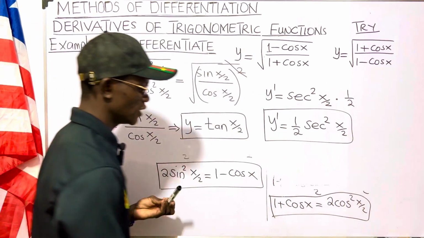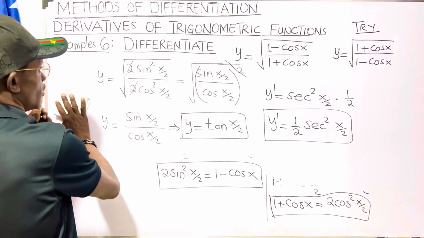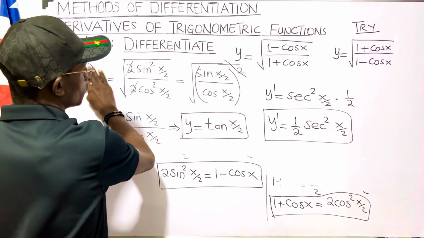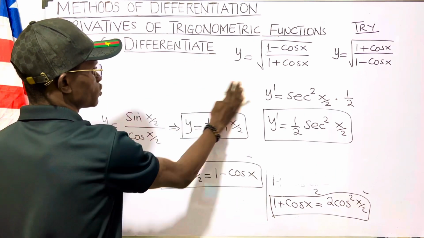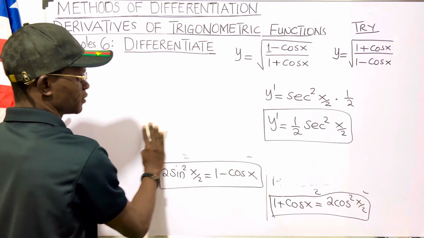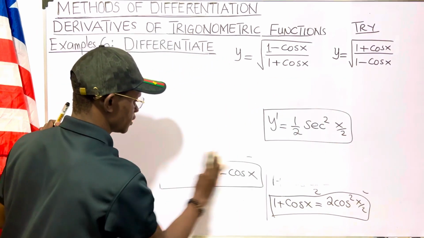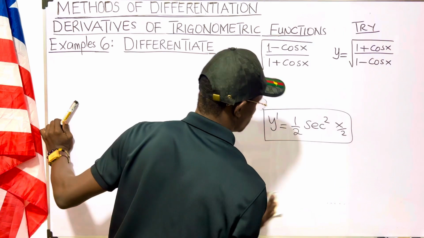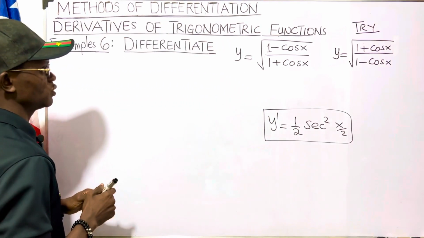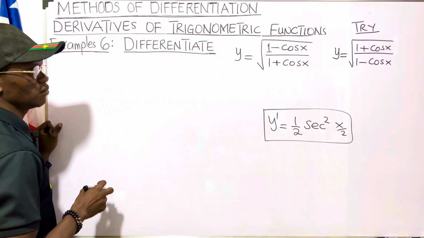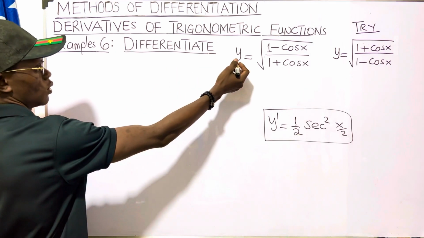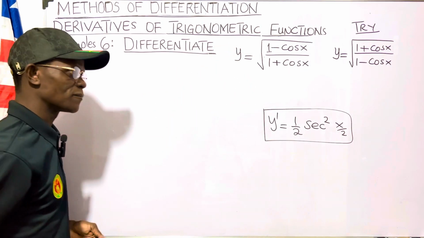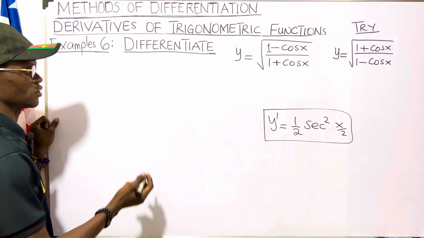So you see how easy it is? Okay, what if we also wanted to use another method? Say we wanted to use implicit differentiation.